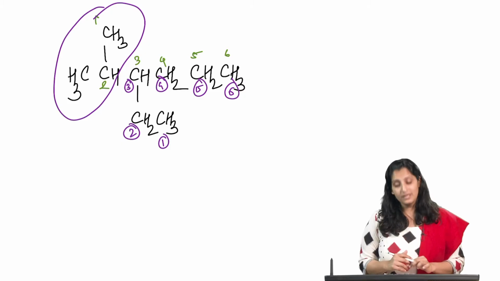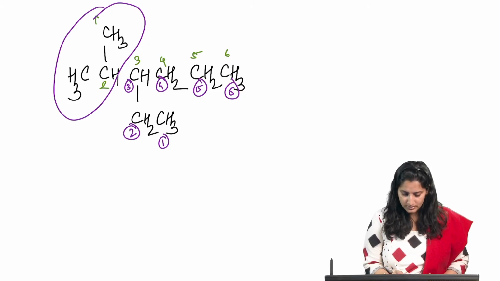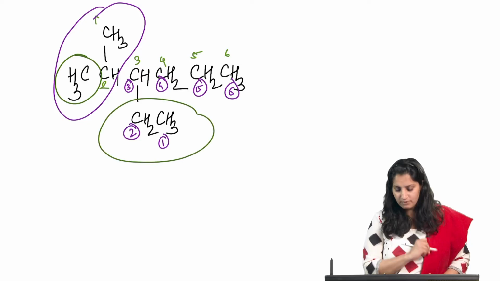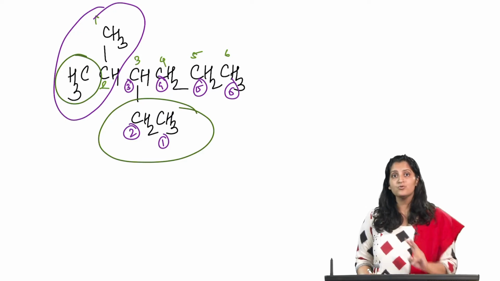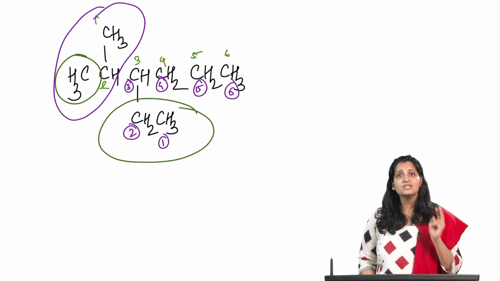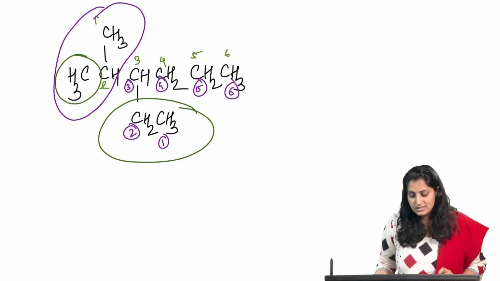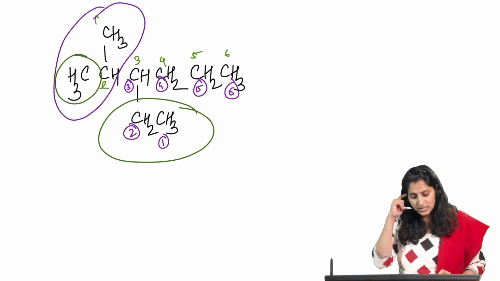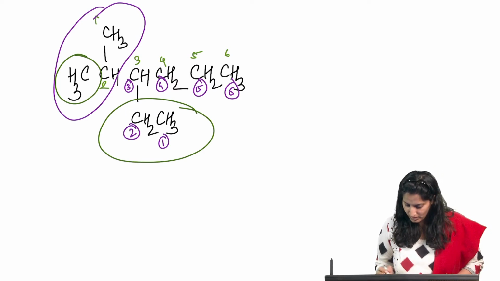If I choose the one in green, I have two substituents, one here and one here. What we said is we want the one with the largest number of substituents possible. So in this case the green one wins, and I will start numbering it using the green numbering. I am going to get rid of the purple one.